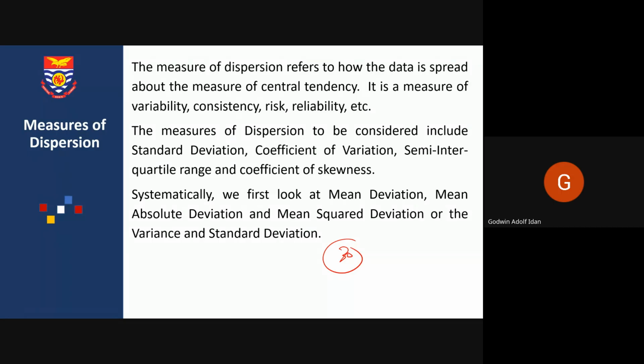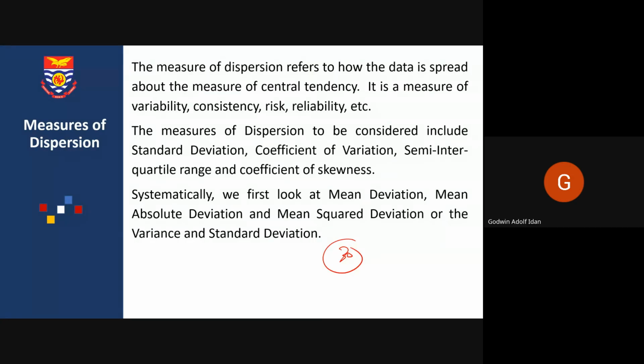They have their respective ages, and these ages may be different from the average that we've computed. So the dispersion basically looks at how each of the other observations moves away from the center. And that is what we mean by measure of dispersion.